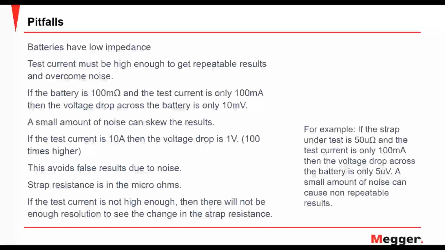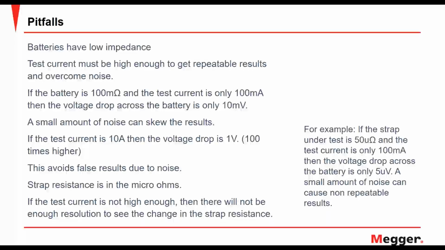So if I want to test, for example, a 100 milliohm impedance with a test current of only 100 milliampere, the resulting voltage drop I will get is 10 millivolt. So it can easily get swamped with noise and affect the measurement. But if I test with 10 ampere instead of 100 milliampere, the voltage drop will be 1 volt, which is 100 times higher.